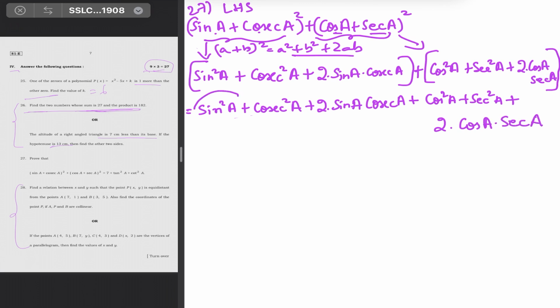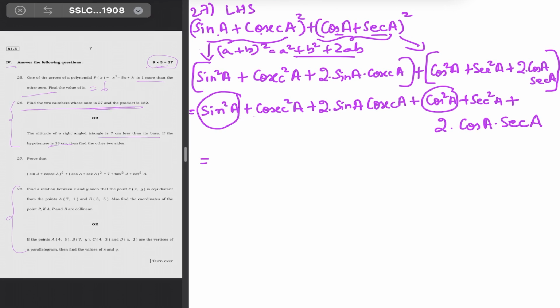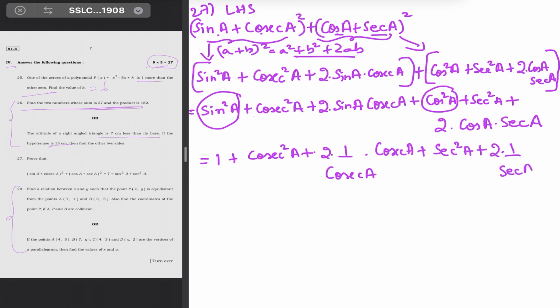We know that sin square A plus cos square A is 1. That is equal to 1 plus cosecant square A plus 2 into 1 by cosec A into cosecant A, plus secant square A plus 2 into cos A, which is nothing but 1 by secant A, into secant A. Secant gets cancelled, cosecant gets cancelled.